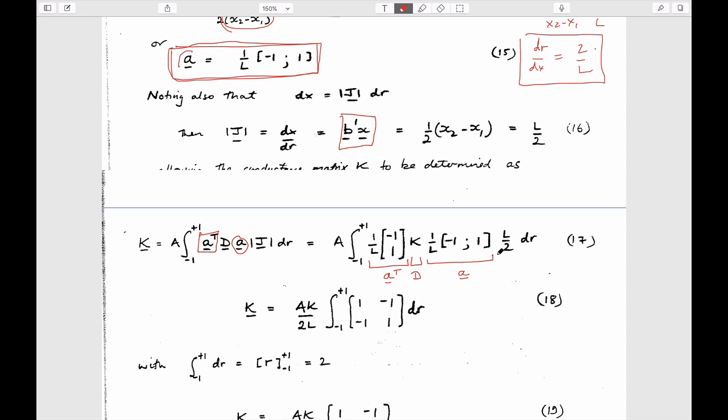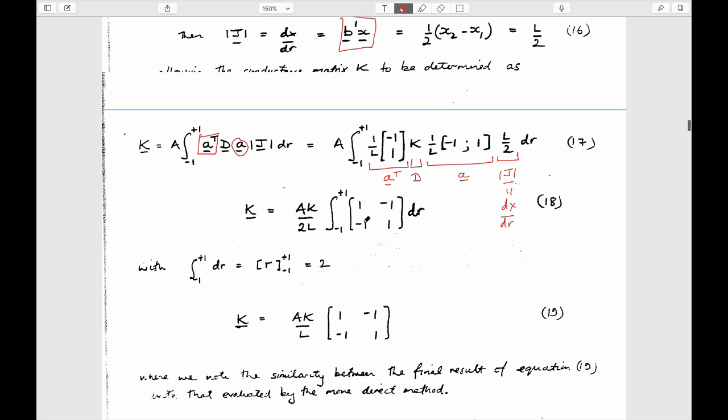And this here is our determinant, the Jacobian, which is the same as dx over dr, just the mapping of the lengths. And so we have a single scalar value for this. This is a matrix, this is a matrix, this is a matrix of 1 by 1.